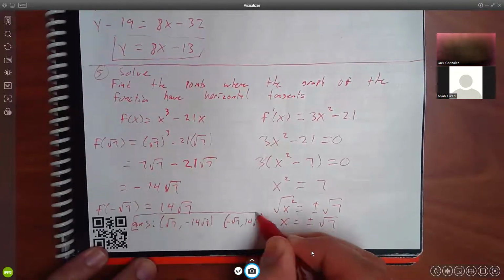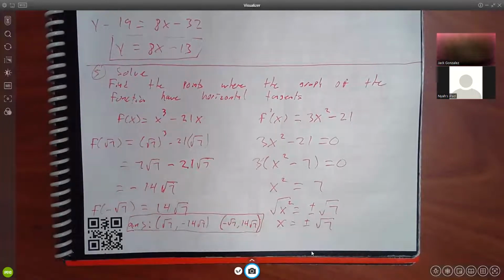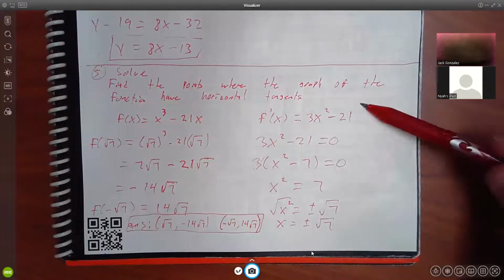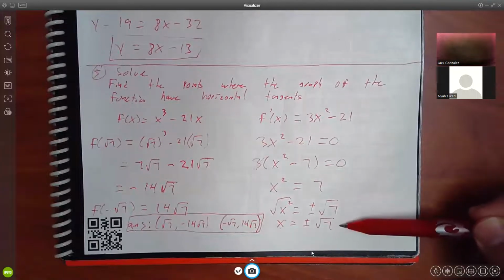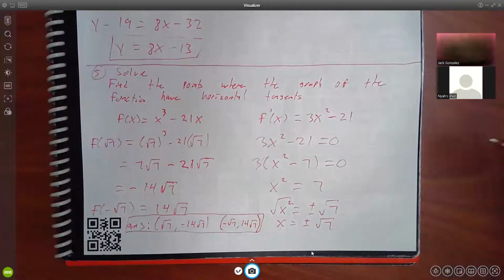Any questions about this problem? We find the x value by setting the derivative equal to 0. Once you solve for x, plug that into the original to find the corresponding y. That's the only way to get the location that they had on the graph.